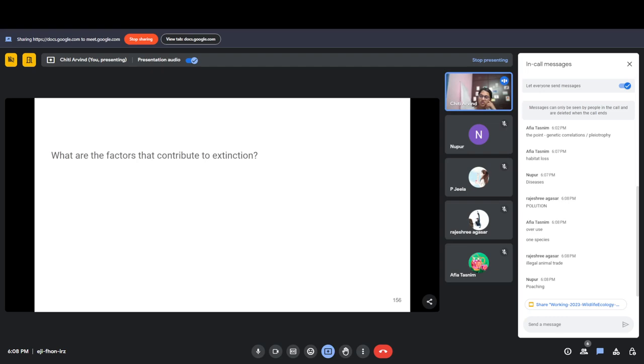So all of these factors are responsible for extinction. Pet trade is something that is very common and very rampant, where you have certain species on the earth going absolutely extinct because they've been hunted, and they might be hunted for various different reasons, some ancient medicine, or for their byproducts to be used to manufacture certain things, right?